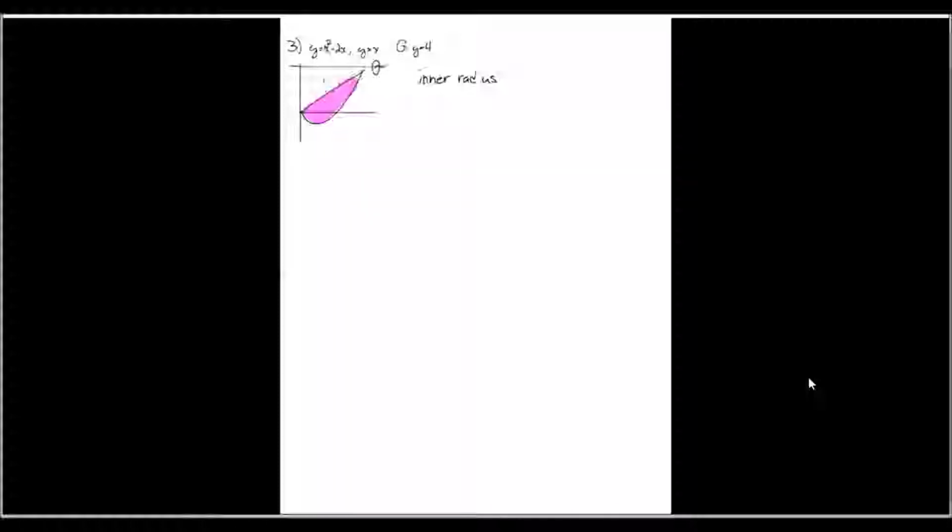Since we have y equals 4 and we're going down to this top line here, which is actually y equals x, that radius for that circle is going to be 4 minus x, right?